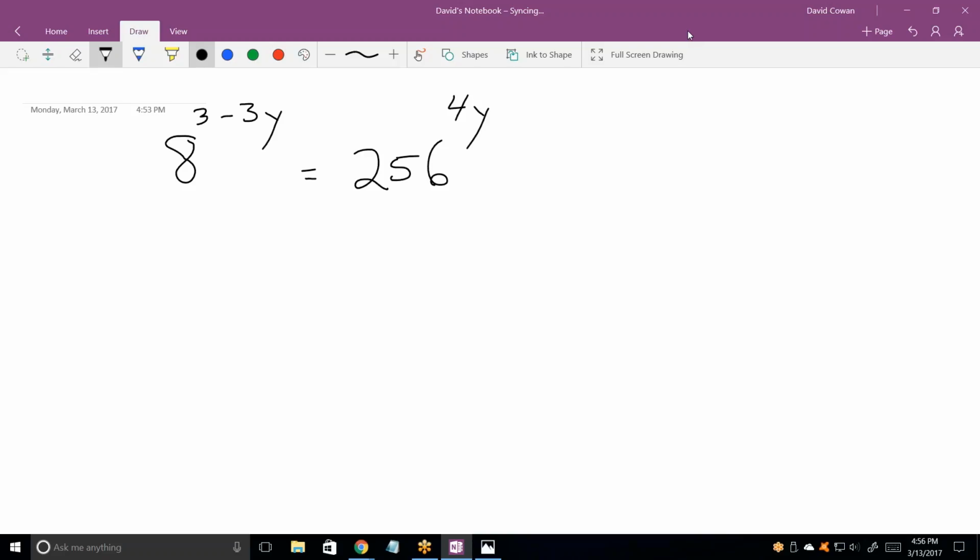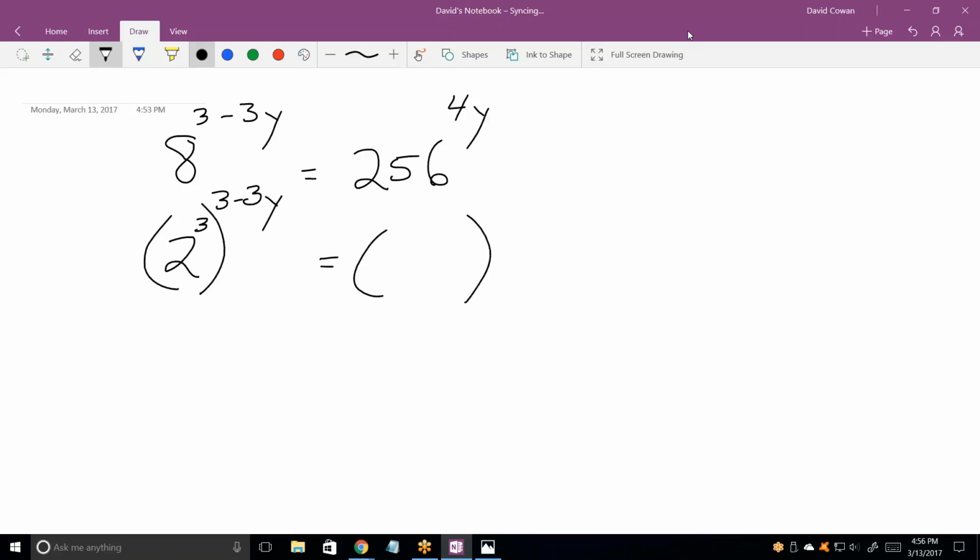What I can represent is if the exponential base is 2. In other words, I can write 8 as 2 cubed. Same thing on the left, I haven't changed it.